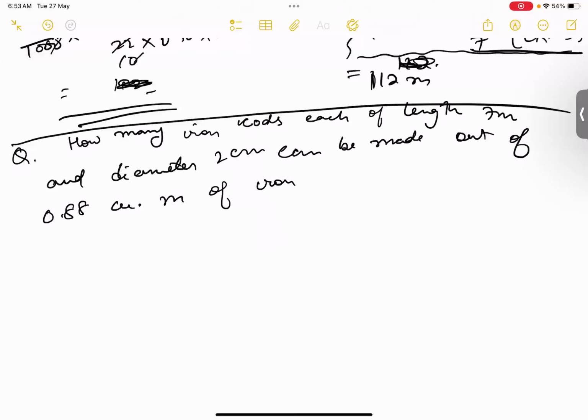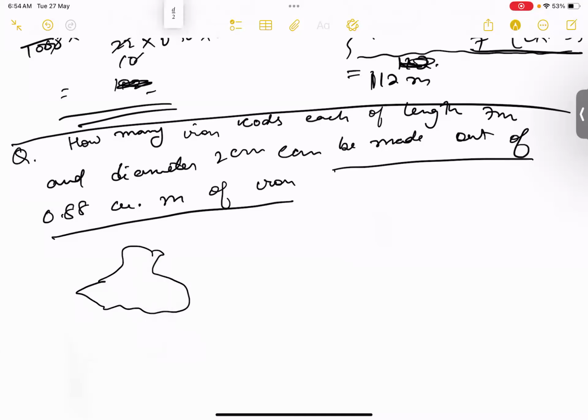So it says that we have a certain quantity of iron, and this quantity of iron is 0.88 cubic meter. Now, with this quantity of iron, we are going to convert it into iron rods.